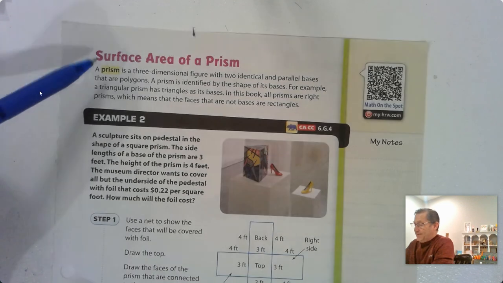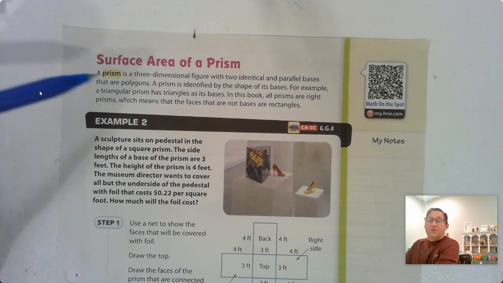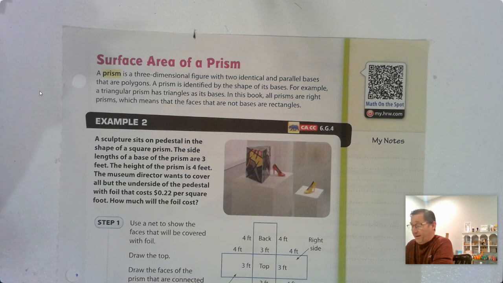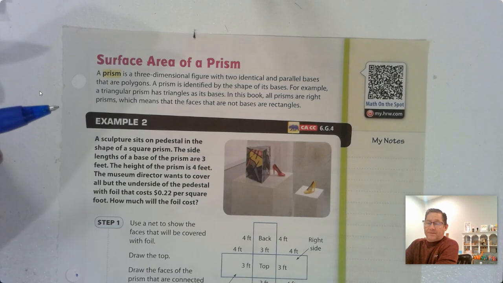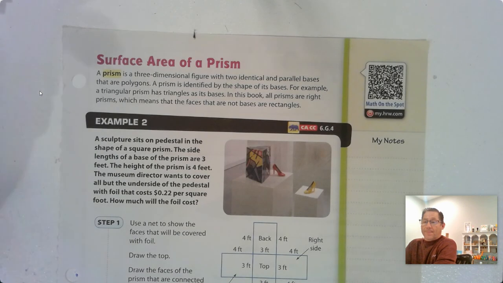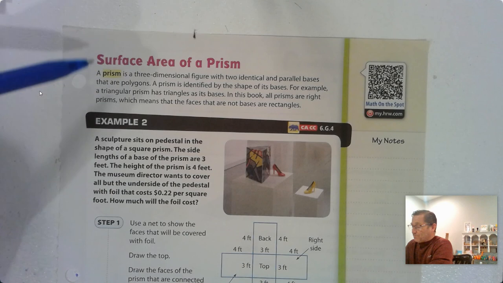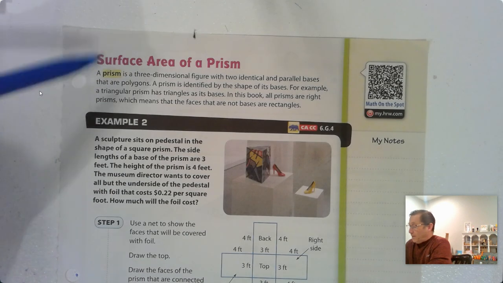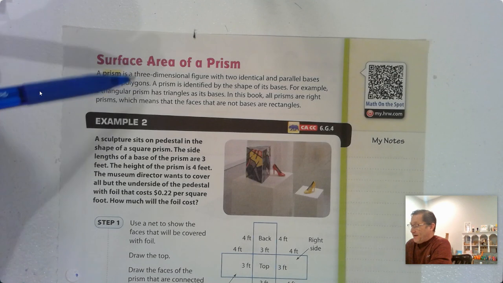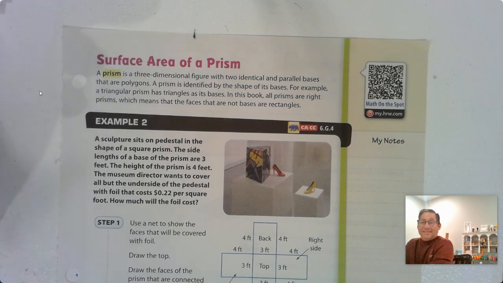So a prism is a three-dimensional figure with two identical and parallel bases that are polygons. So the bases have to be identical. The other faces don't have to be identical, but the base does. All right. So a prism is identified by the shape of its bases.